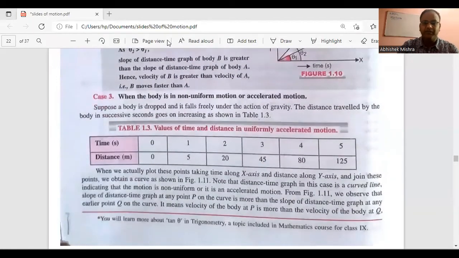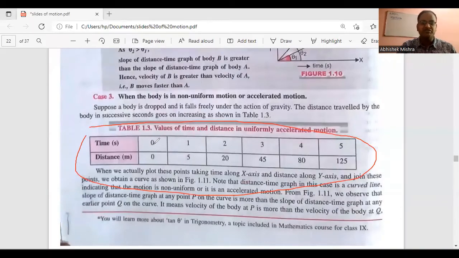As you can understand from this table, we call this non-uniform motion or uniformly accelerated motion because with the time interval, the distance covered is changing not in a uniform manner, or we can say non-uniformly.